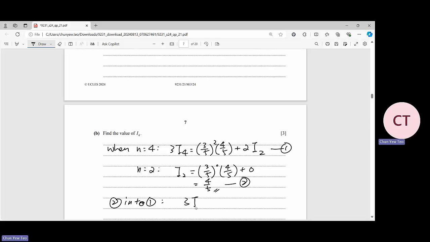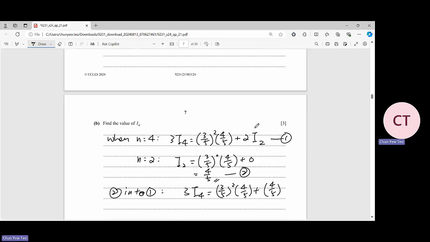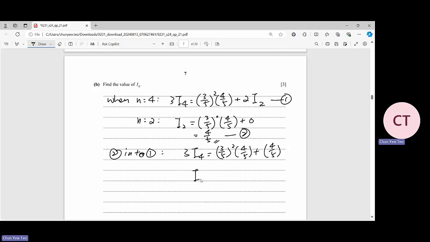So my 3 I4 equals to 3 over 5 square, 4 over 5 plus the 4 over 5. Use your calculator, simplify everything. Your I4 will equal to 236 over 375.